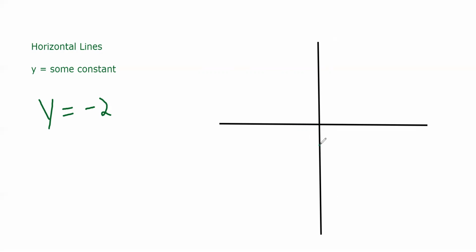It's going to be a horizontal line. It's going to pass through the point 0, -2 and be horizontal. Like that.